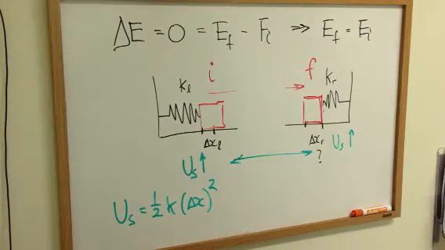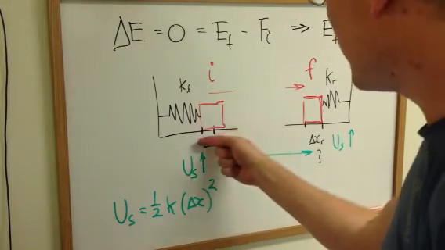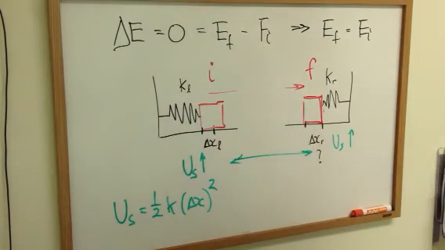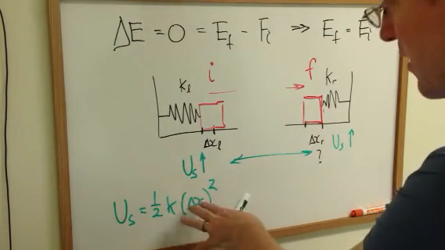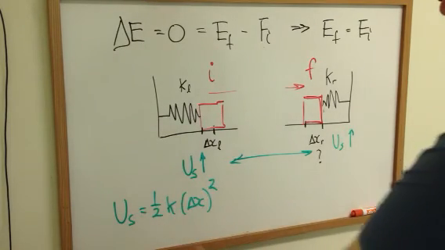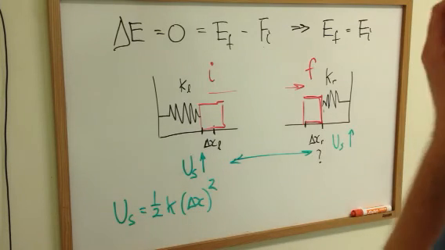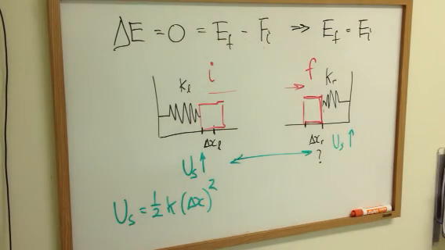It's how much they're squished. This one, you might argue, is squished in the negative direction. This one's in the positive direction. Doesn't matter, it's squared. These two energies are going to be the same. The k's are going to change, so how much they squish is going to change. You can just create a straight equivalence there due to conservation of energy.